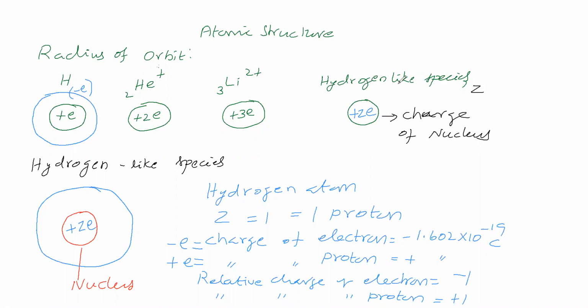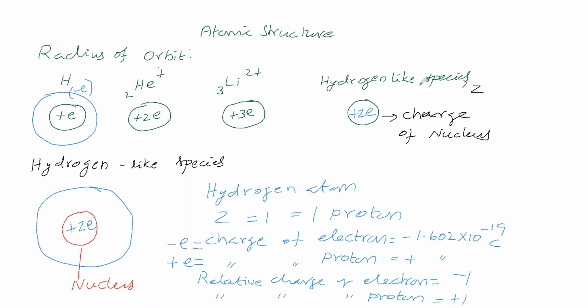Hydrogen-like species means it is like hydrogen with respect to electrons. Just as hydrogen has 1 electron, this species also has 1 electron.